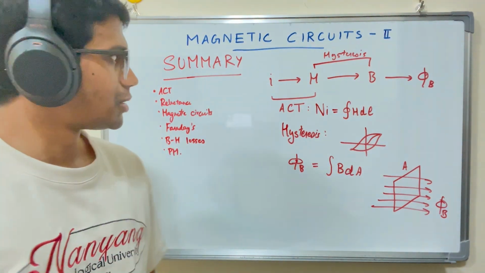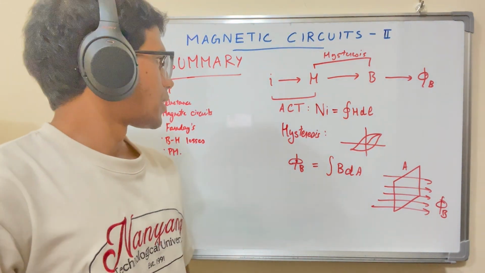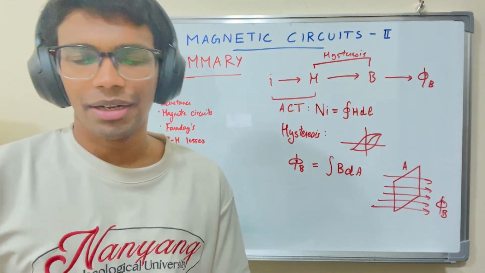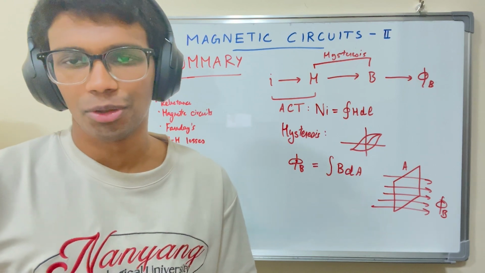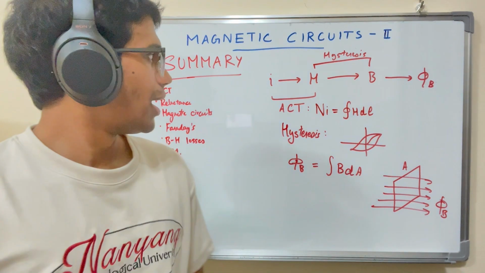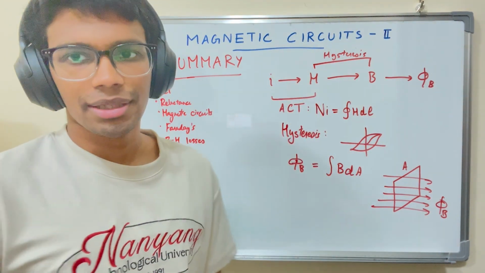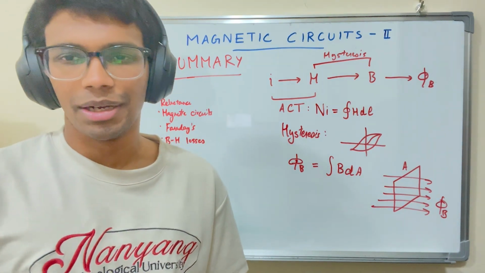So first we'll start off with Ampere's circuital theorem. Ampere's circuital theorem states that a current carrying conductor would produce a magnetizing force surrounding it, or a magnetizing field intensity, and that is represented by H. So the I produces an H, and this is irrespective of the medium in which the conductor is immersed.